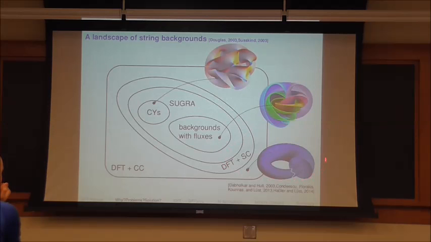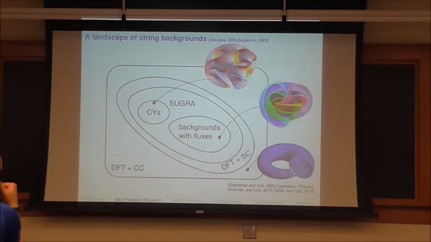And this is one of the few examples where we also know a full CFT description. So that's really a consistent background, and we can describe it in terms of asymmetric orbifold constructions. And the big plus of these backgrounds is that they have very interesting properties. For example, we can use them to get better control over moduli stabilization.